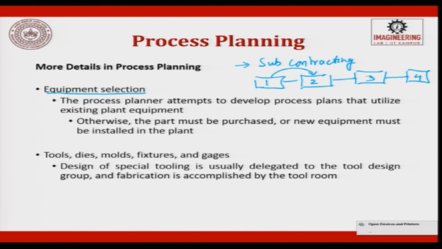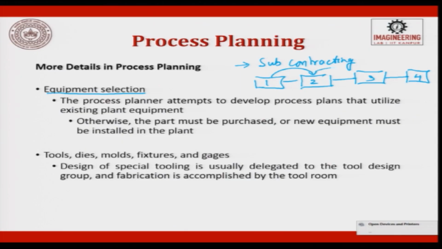Suppose machine 3 is also not available. It can be unavailability of the machine, or that your production rate is slow and you need a lot more pieces to meet your targets, then you will even shift it here. So now what is happening, the blank which was supposed to be got at the first stage is now shifted to the second stage and third stage.